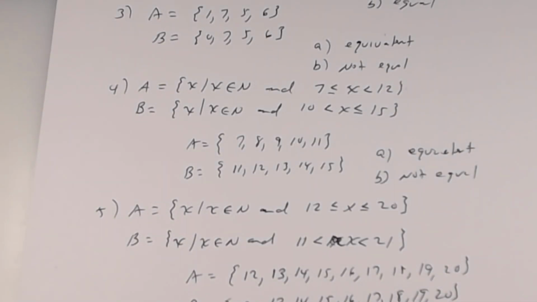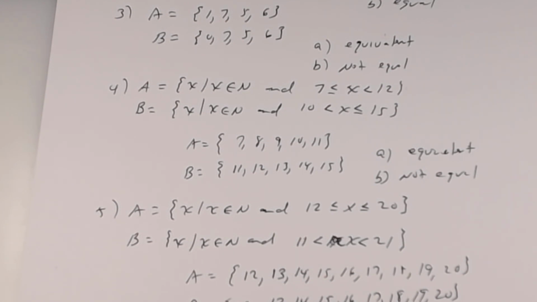Okay? So even though it said set-builder notation, they looked different, what do you notice about the two sets? Are they equal? Yes. Are they equivalent? Well, if they're equal, they have to be what? Equivalent.